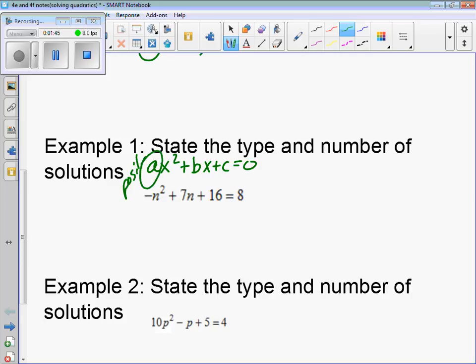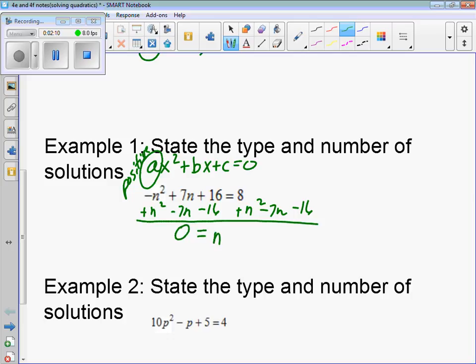It's a lot easier to solve a quadratic using the quadratic formula if the a is positive. So I'm going to move all the terms to the other side, making the n squared positive, minus 16, making it 0 on the left side instead of the right.